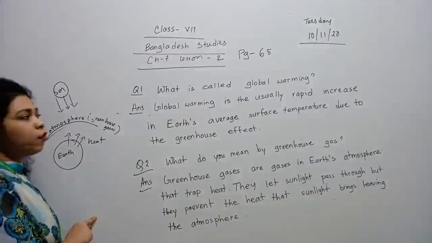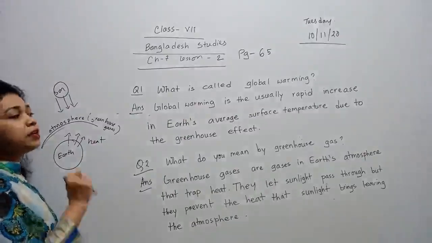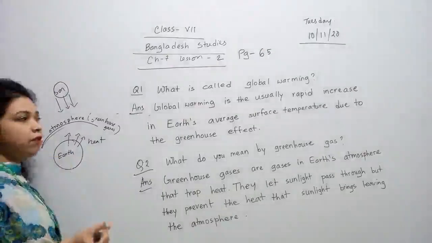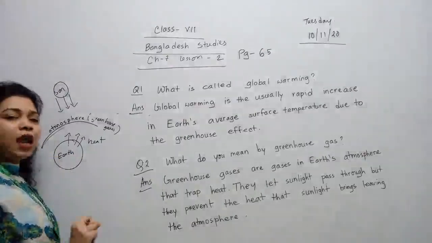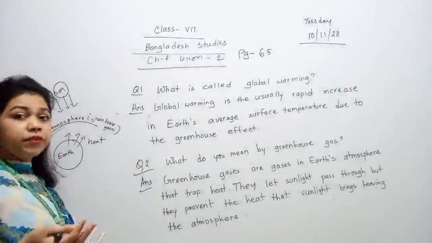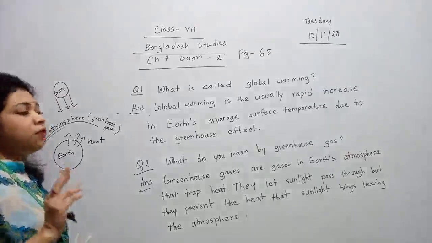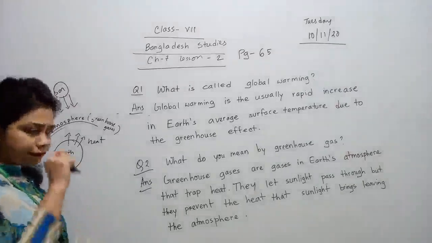So what is called global warming? Global warming is the usually rapid increase in Earth's average surface temperature due to the greenhouse gas. Because of the greenhouse gases increasing, the surface temperature of the Earth is also increasing. And what do you mean by greenhouse gas?